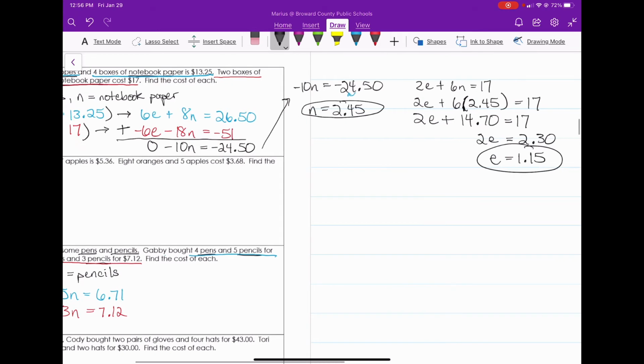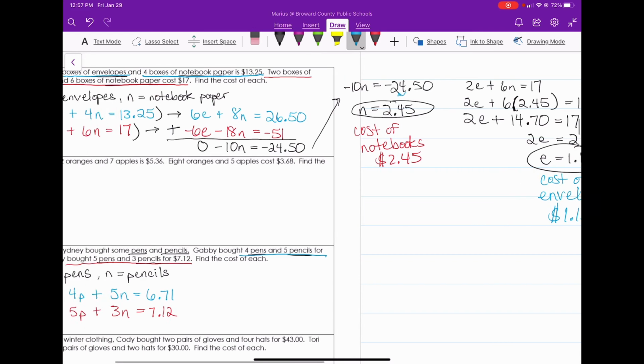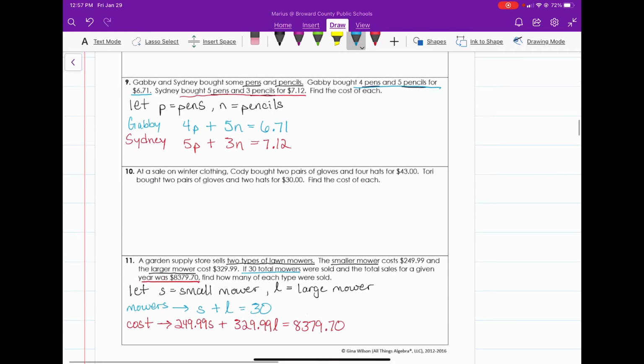So cost of notebooks was $2.45. And the cost of the envelopes is $1.15. Okay?